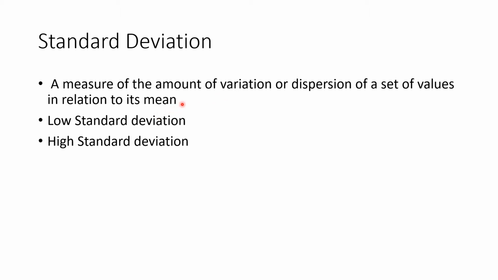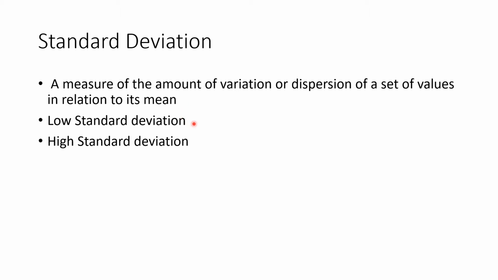So you want to figure out whether the data points that you have, are they all kind of clustered towards the mean of those data points, or are your data points far away from the mean? Again, the mean is the average of your data points, and you usually calculate the mean by adding all of your data points and dividing by the number of data points you have.